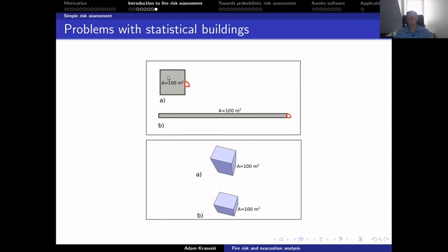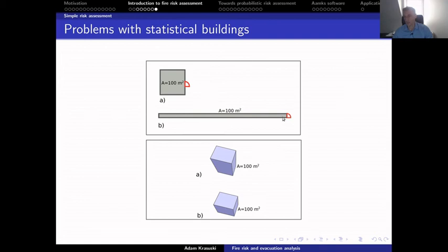So we have, let's say, two buildings, A and B, and each of these buildings has the same floor area, 100 square meters. And regarding our approach, these buildings have the same risk, because the area is the same, so area times the risk per square meter, we obtain the same value of risk. But we can easily find that this building is safer than this.